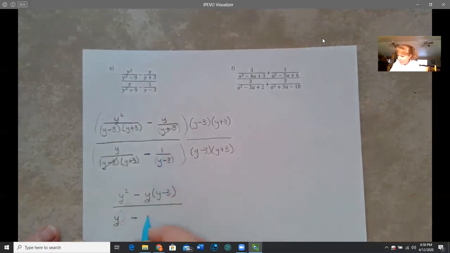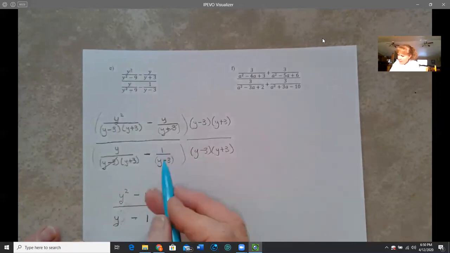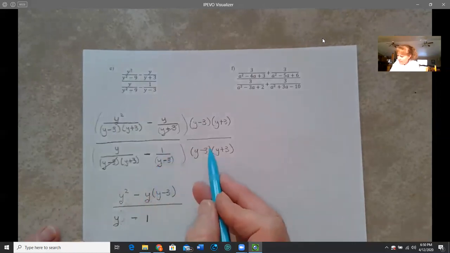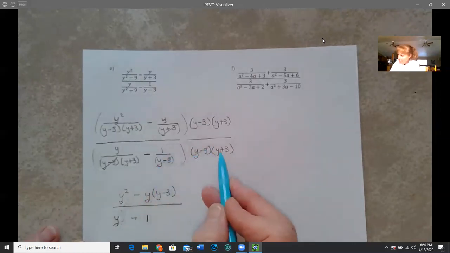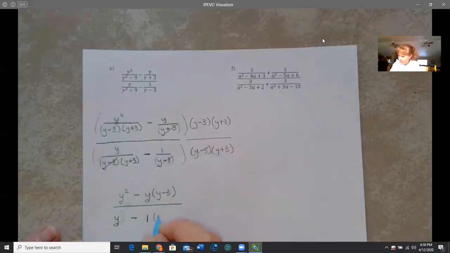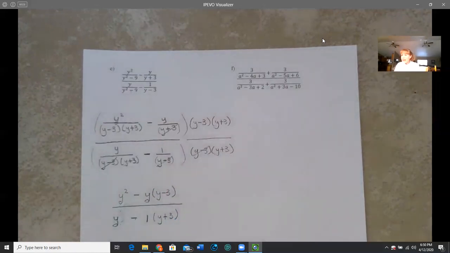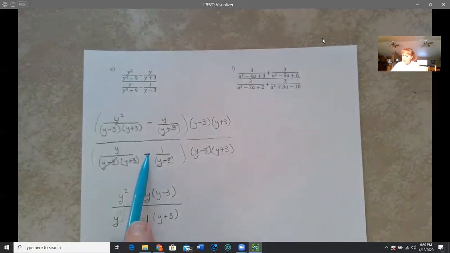You can put the 1 there if you want to. We have y minus 3, and that just leaves us with y plus 3. So in this case, it really was important to put that -1 there because we're going to have to multiply it through and it'll change the sign. So you may want to always write down the -1 if it's a -1.